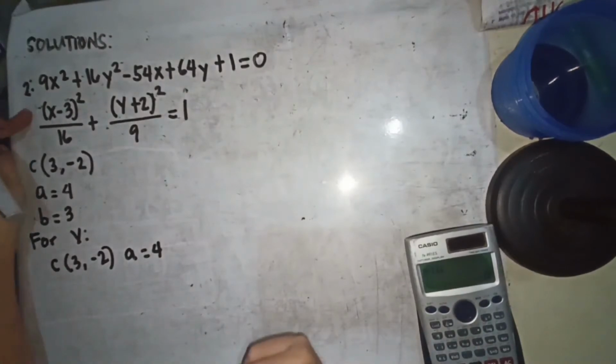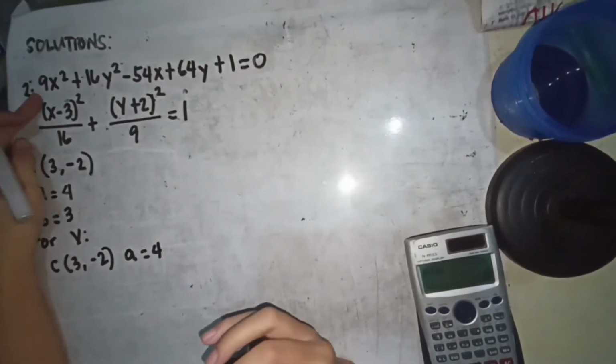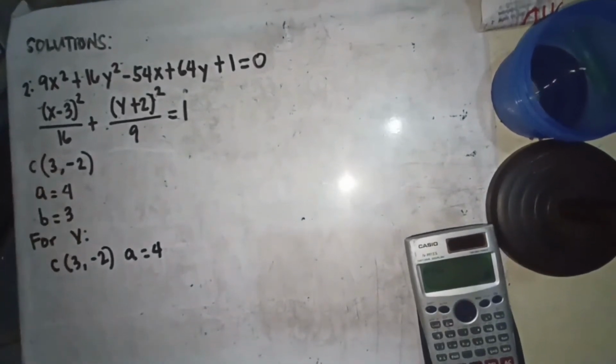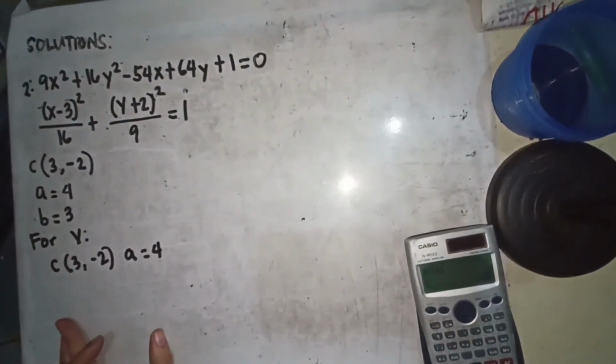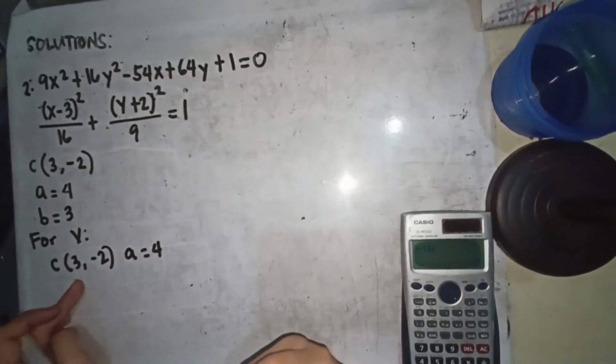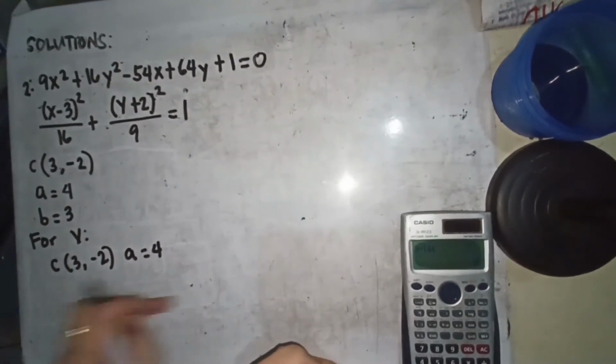So, by the equation, since x term, ang naay mas dako na denominator, so ang iyang denominator is the A squared, therefore, our ellipse is horizontal. No? Horizontal.